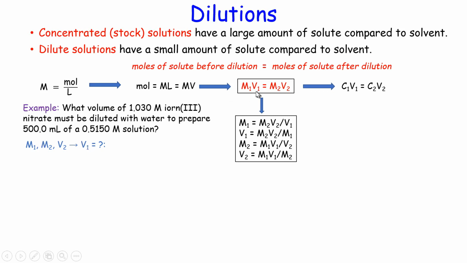If we need to calculate V1, we just move M1 to the other side as a denominator. So therefore V1 equals M2V2 over M1.